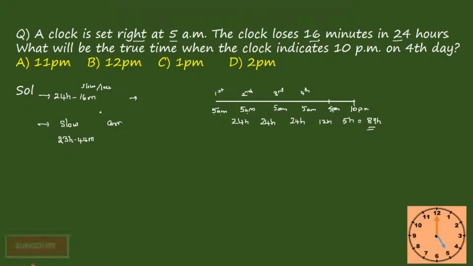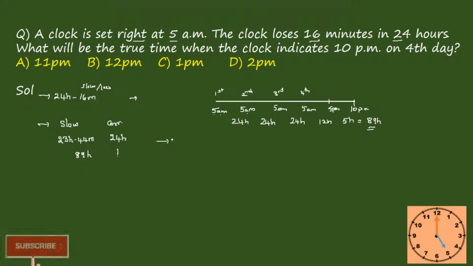It will be going back 16 minutes. The slow one is 23 hours 44 minutes. The correct one will be showing only 24 hours. Here it is showing 89 hours. So for 89 hours, what will be the correct time? Everything in hours, only this one in minutes.